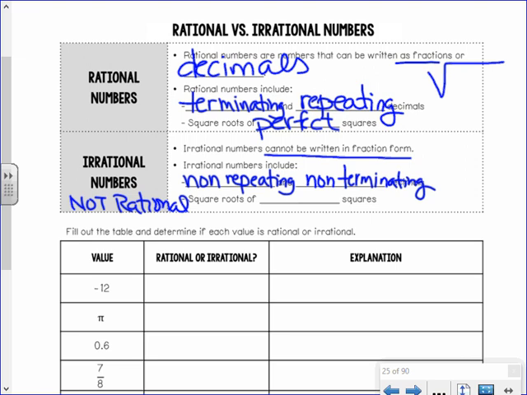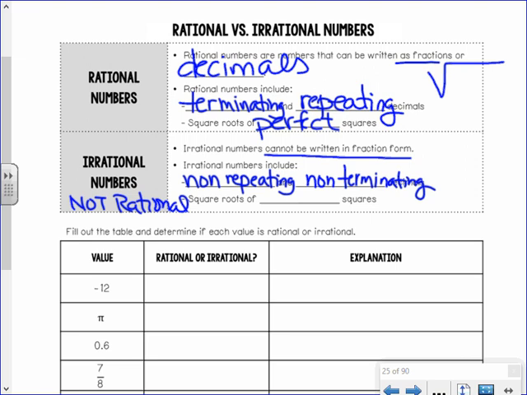Does anybody happen to know a common decimal that doesn't repeat and doesn't terminate? Marshmallow question. Everybody's attention. A common decimal that doesn't repeat and doesn't terminate. Tyler. Not 0. Jack. Nope, that terminates. Carter. 17.